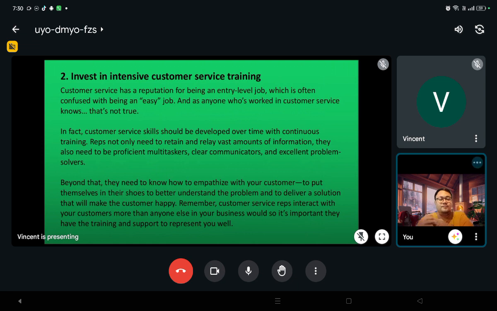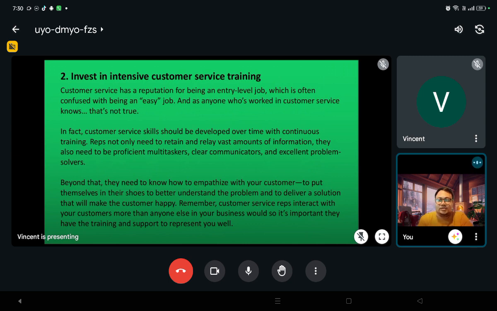Agents should have multitasking skills, clear communication, and excellent problem solving. Agents should have these kinds of skills.